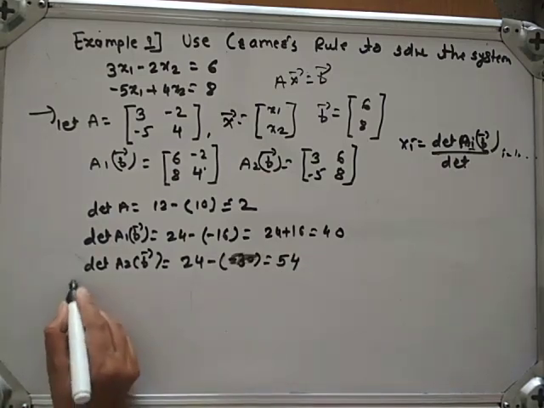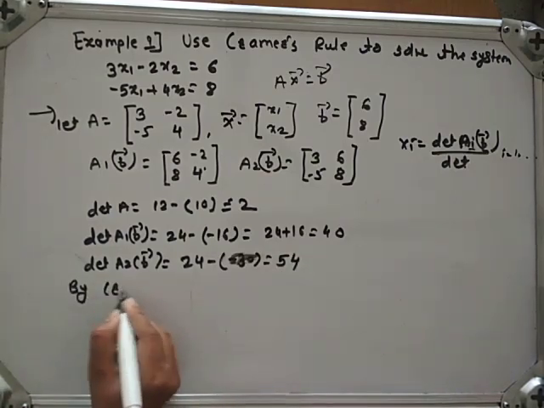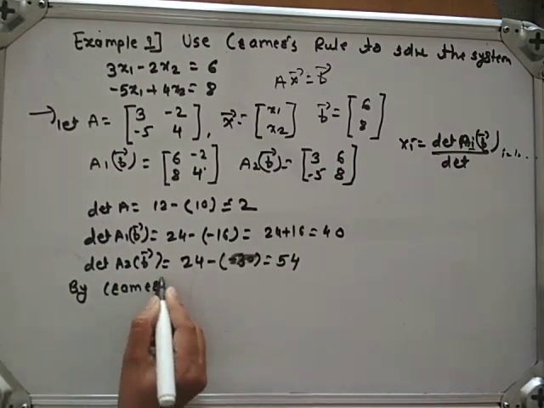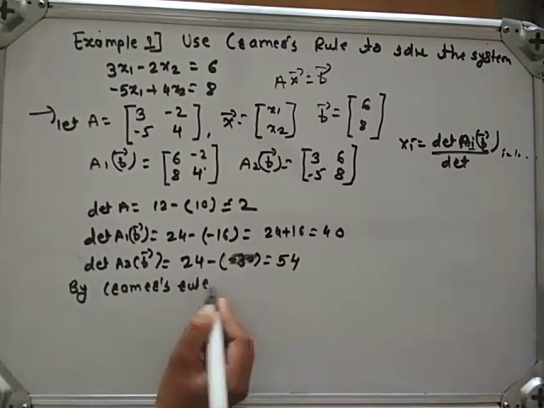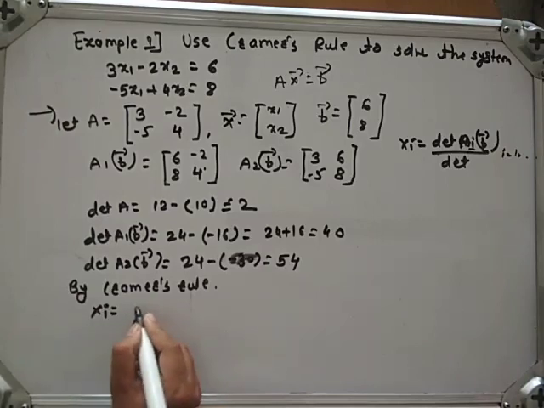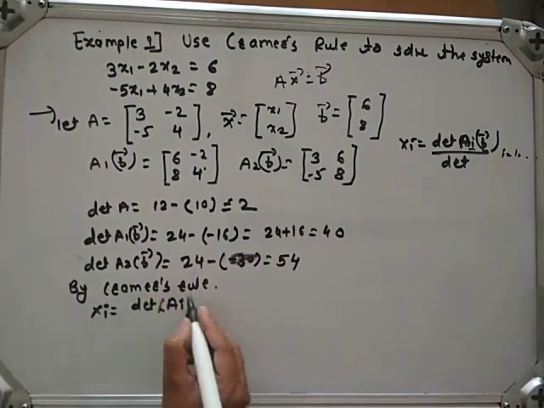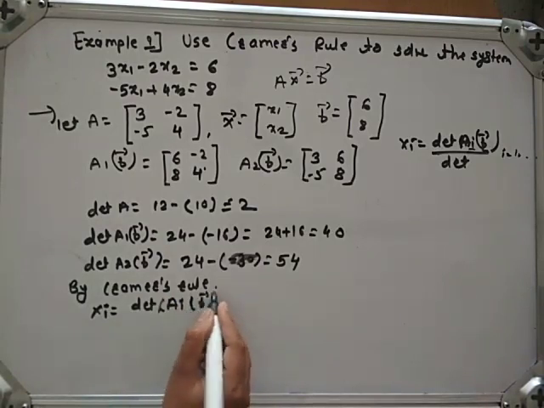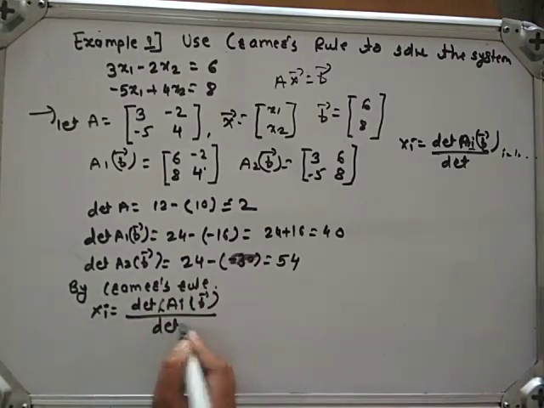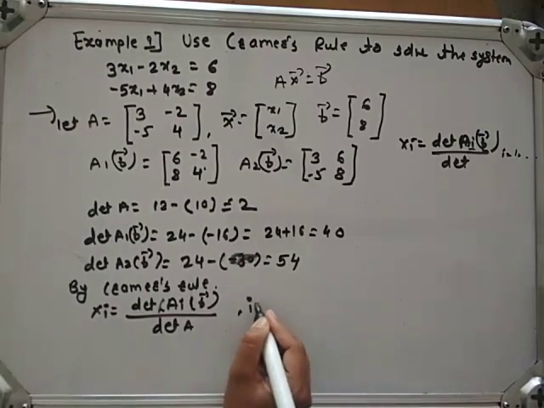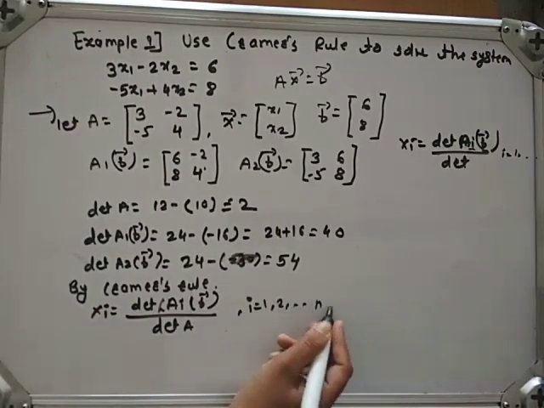By Cramer's rule, what is the formula? xi is equal to determinant of Ai(b bar) upon determinant of A, where i runs from 1 up to n.